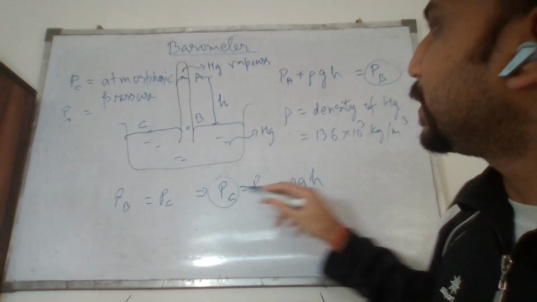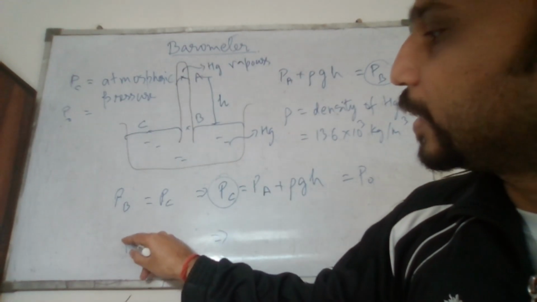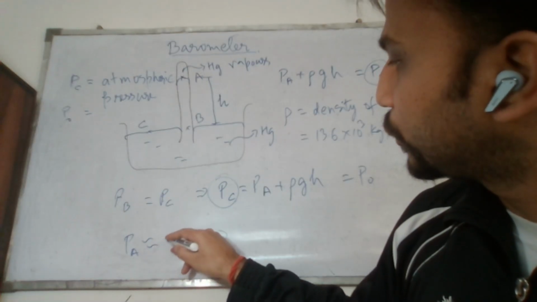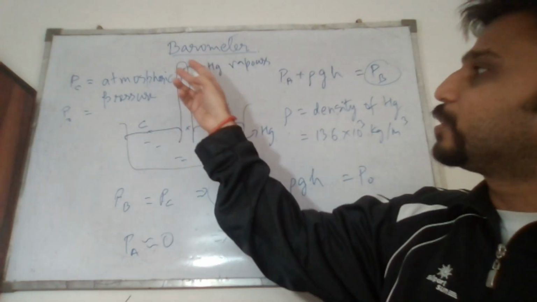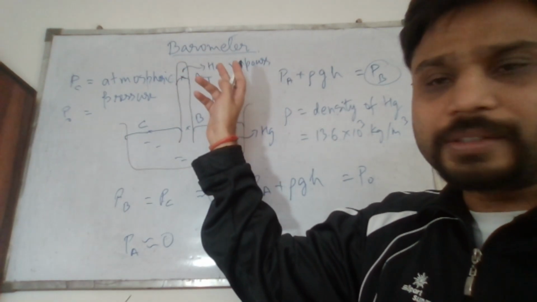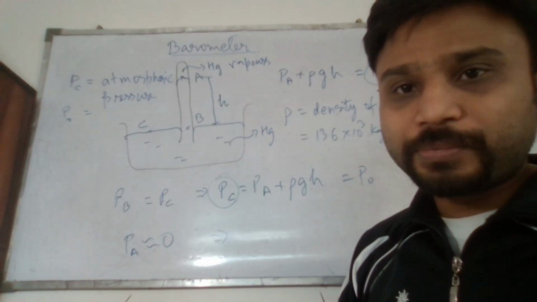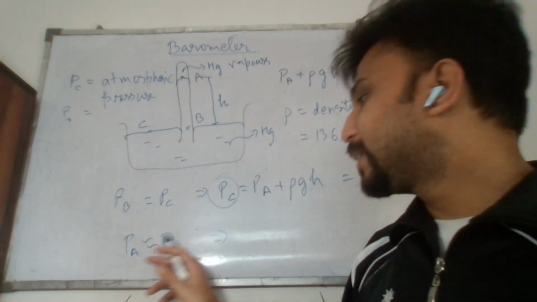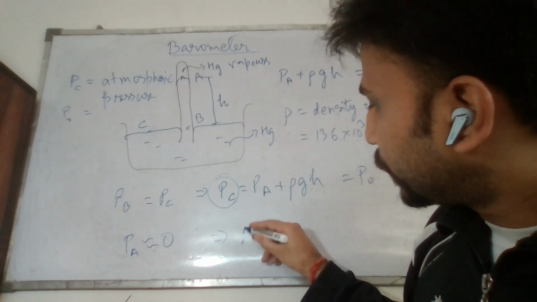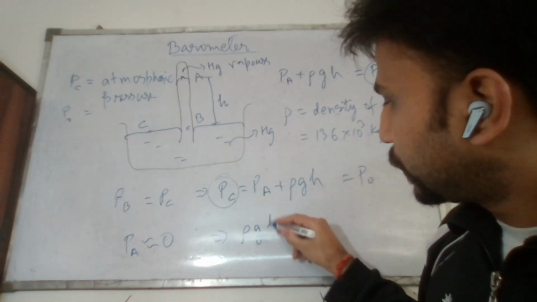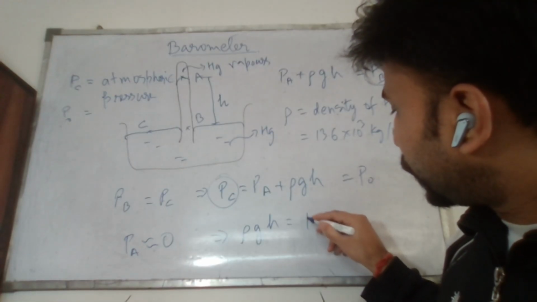We already know PC is equal to P naught and PA is nearly 0. This vacuum which we have created here by sucking out all the air which was in this tube is called a Torricelli vacuum. So we will say the pressure is very close to 0, so PA is 0. This gives rho g h is equal to P naught.